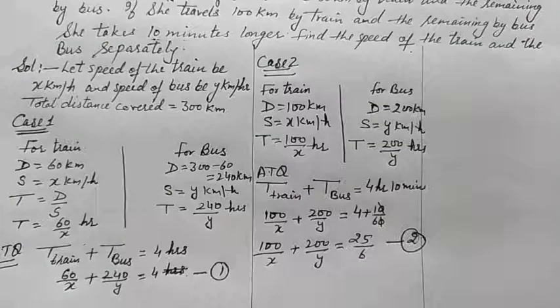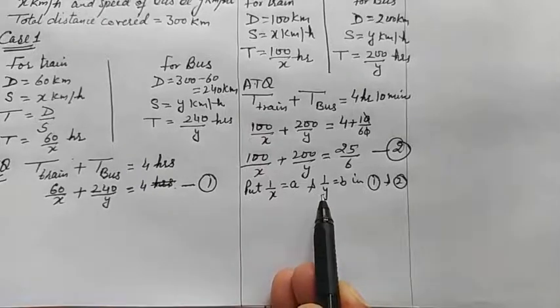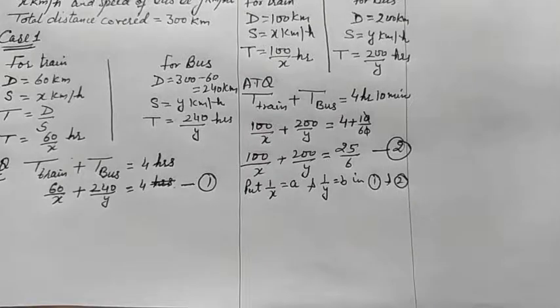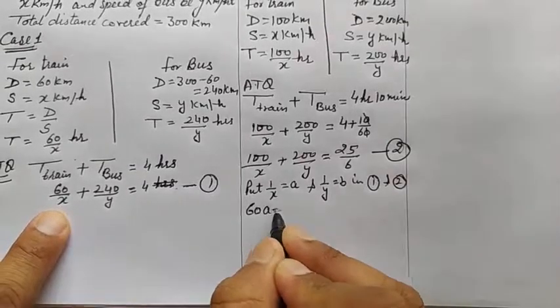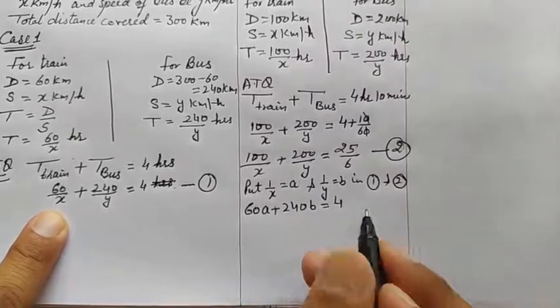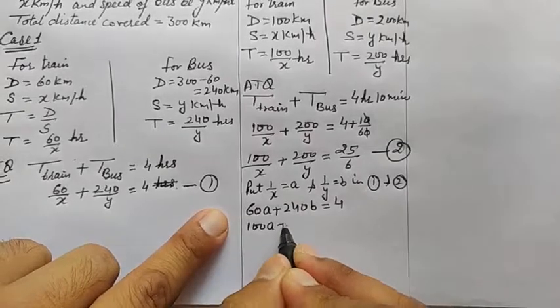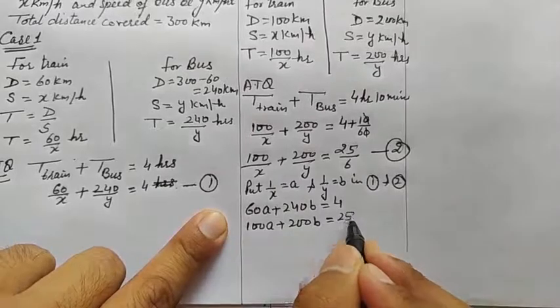So let's solve. Put 1 by x as a and 1 by y as b in equations 1 and 2. So the first equation will become 60a plus 240b is equal to 4 hours. And the second equation, 100a plus 200b is equal to 25 over 6.